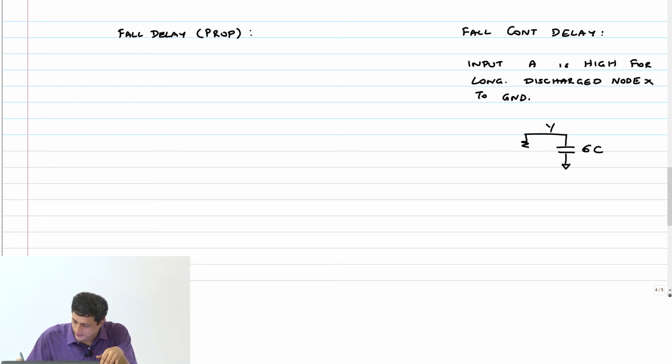You have a resistance of how much? R by 2. NMOS size is 2, right? R by 2.